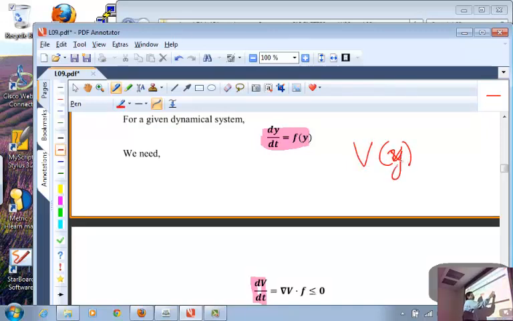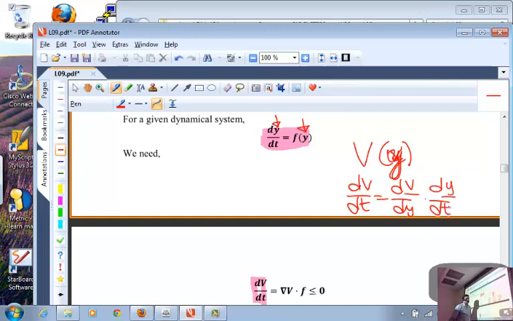I switched the symbol once again, sorry. Y is the state variable. Okay, so v is a function of y, and I'm trying to calculate dv dt. Okay, y is a function of t. So dv dt will be by chain rule dv dy times dy dt.